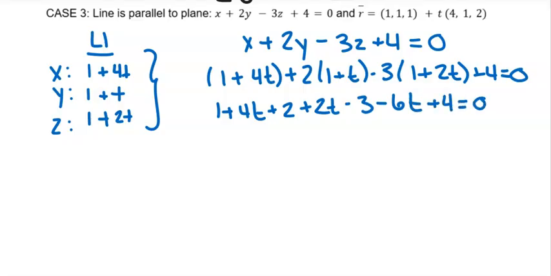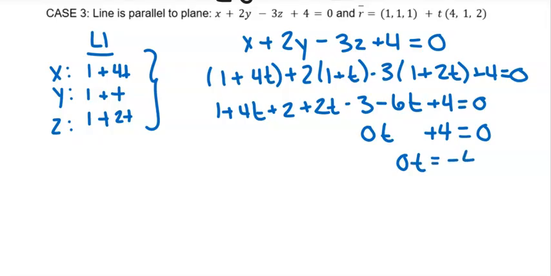Collect like terms. I've got a 1, a 2, and a -3, and a 4. So that's just going to leave me with 4. And then I also have 4t plus 2t minus 6t, that is 0t.